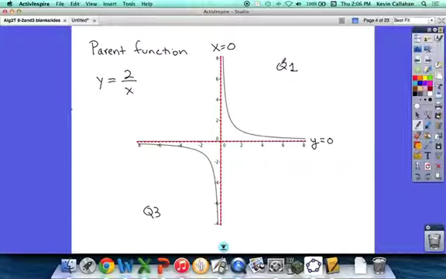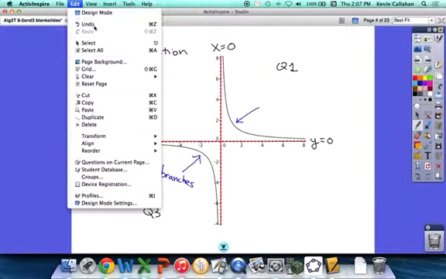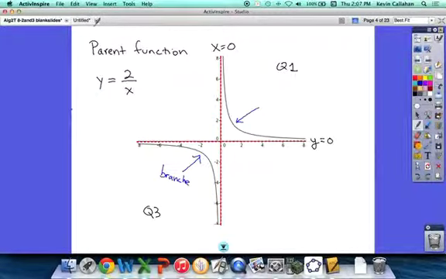Right. And the first quadrant and third quadrant pieces are called branches.